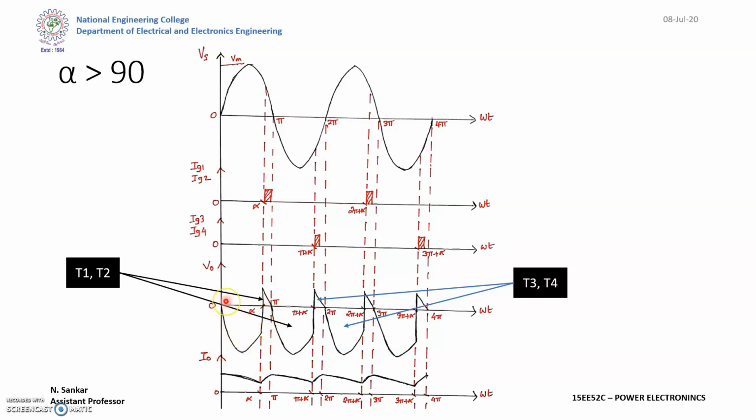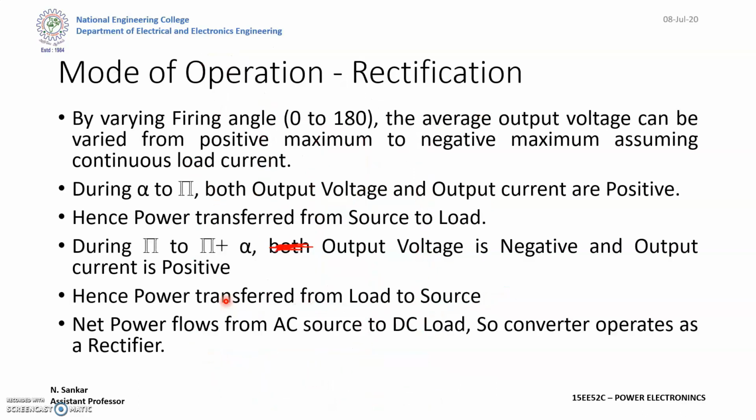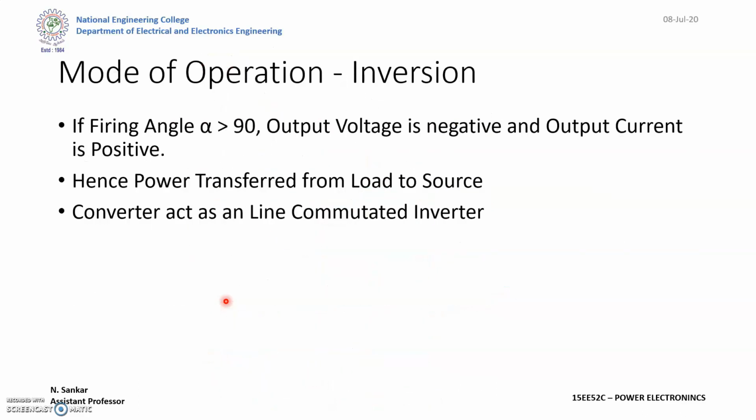So the net output voltage is negative for a firing angle greater than 90. Output voltage is negative and output current is positive, so the net power is negative. Here the power is transferred from load to source. So our converter is acting as an inverter, that is a line commutated inverter.